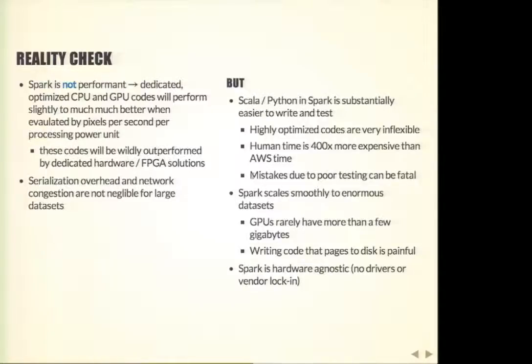And mistakes due to poor testing can be really fatal. If you aren't sure your code's doing the right thing and you analyze several thousand samples, it's difficult to go back and reanalyze them again. With Spark, or with Scala, you can have very simple codes that are very easy to look at and check, whereas C++ codes can be a disaster to try to figure out what's going on.